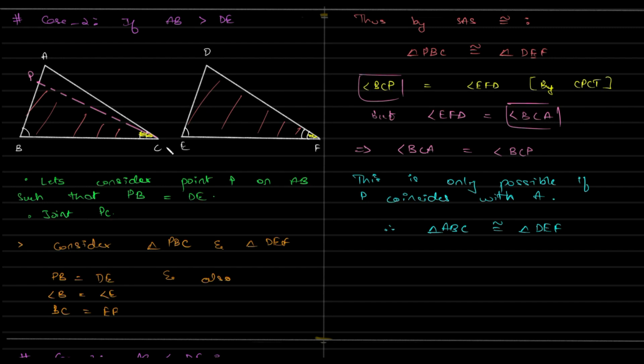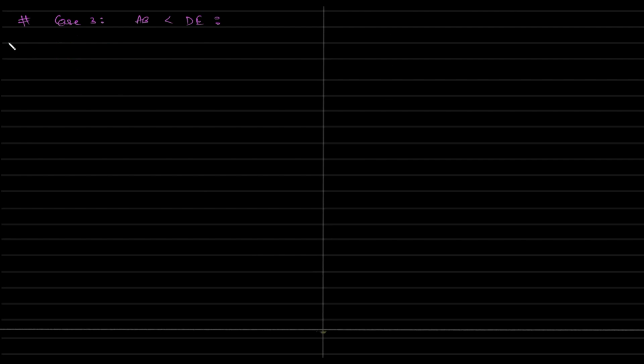So this length will be bigger than this, so consider point P and prove those two triangles are congruent, and same procedure. Okay, so all you have to do right over here is a similar set of steps, so we can prove it the same way, and so we have proved it, right?